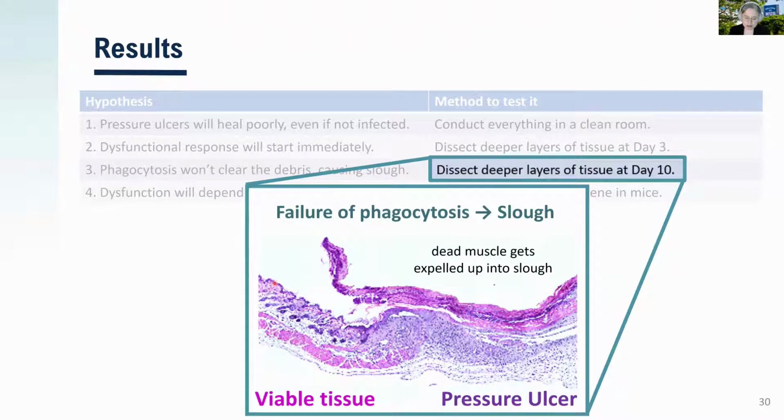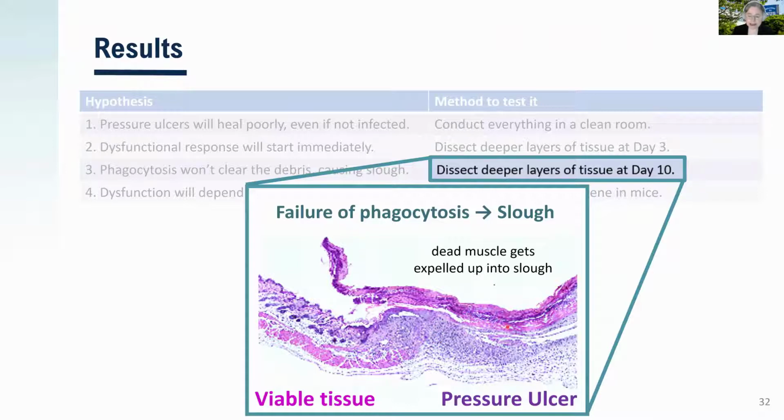there's the normal layers of epidermis, dermis, fat, and muscle. The muscle then gets distorted up, and so that in the pressure ulcer, the muscle that is now dead has been pushed up into the slough layer, and it distorts the margin, which is the launch pad for regeneration to occur.